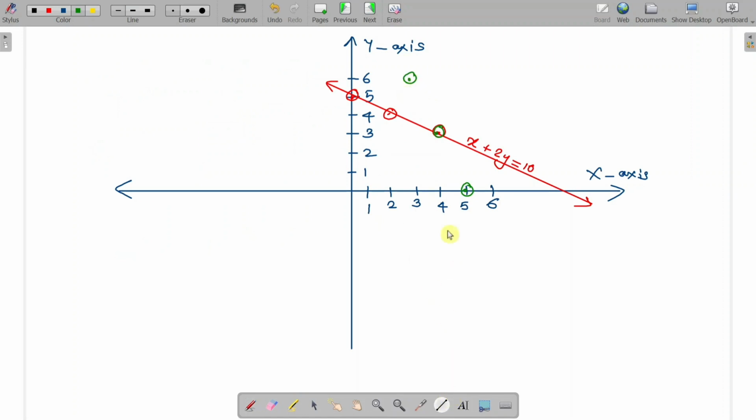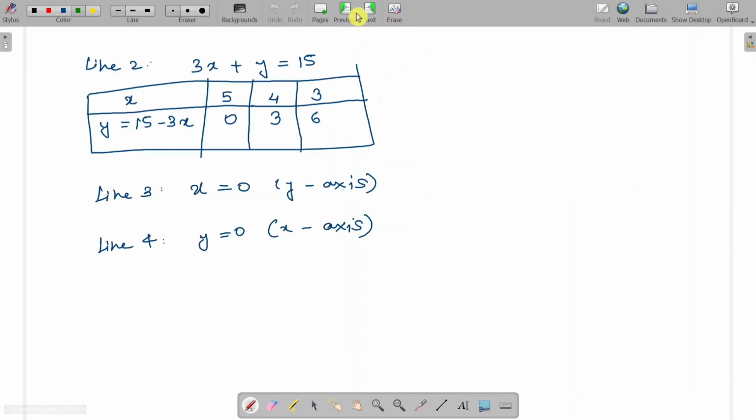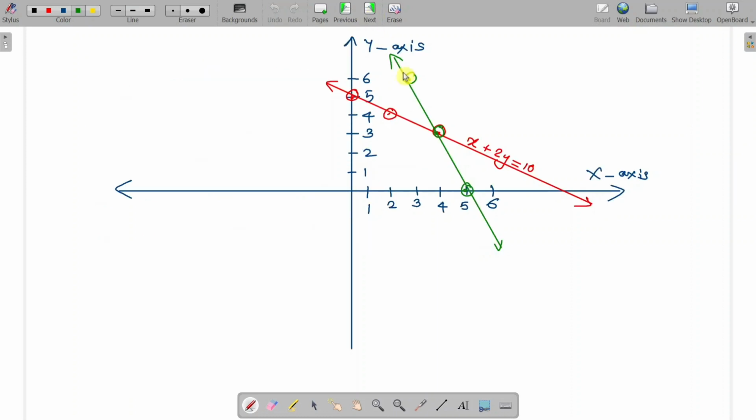We join these 3 points like this and name the line 3x plus y equal to 15.